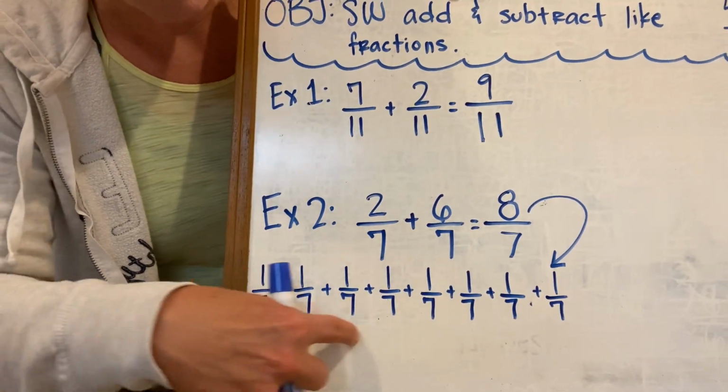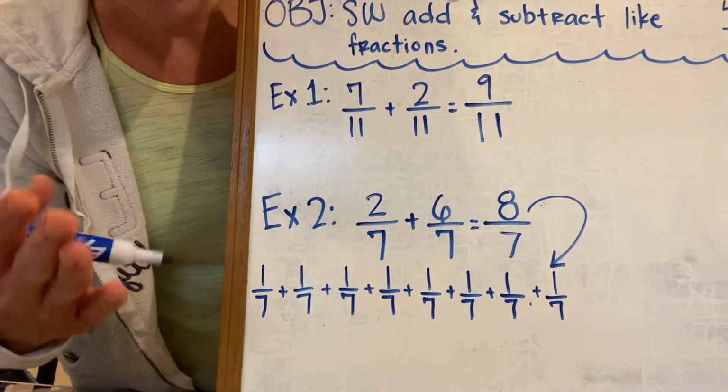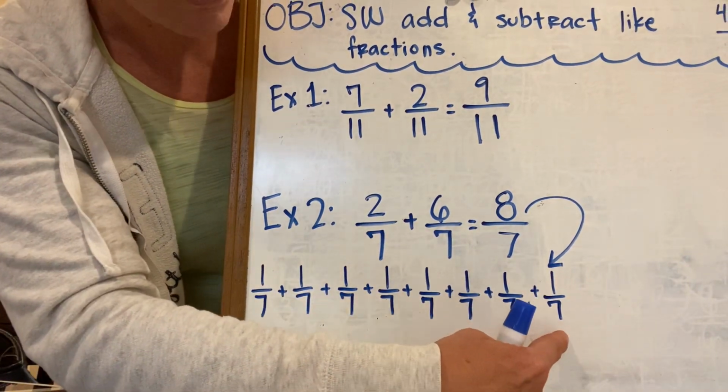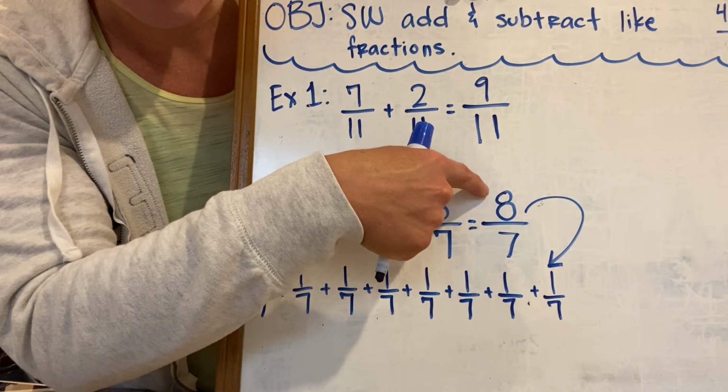If you count all of these, they come out to 8: 1, 2, 3, 4, 5, 6, 7, 8. Should be the same as this, okay?